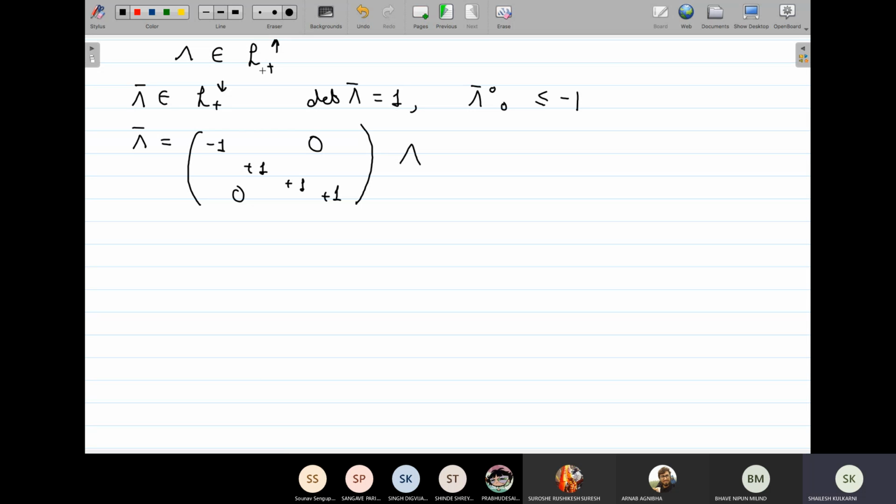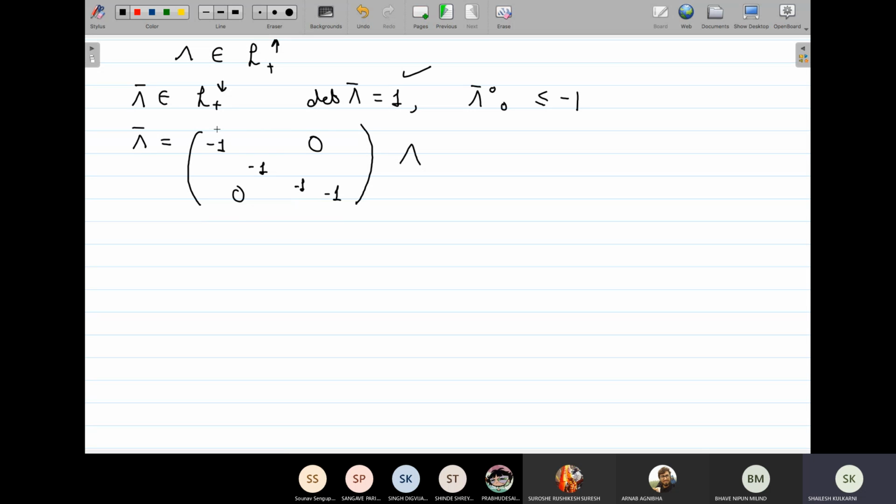Suppose I consider this matrix with minus 1. What is the determinant of this? Determinant of this will be plus 1. So determinant of lambda bar will be plus 1. This is satisfied.